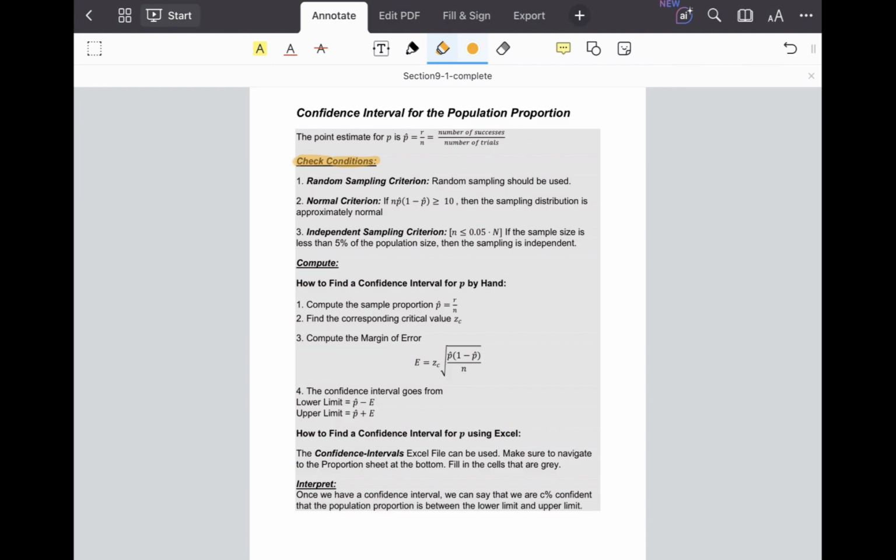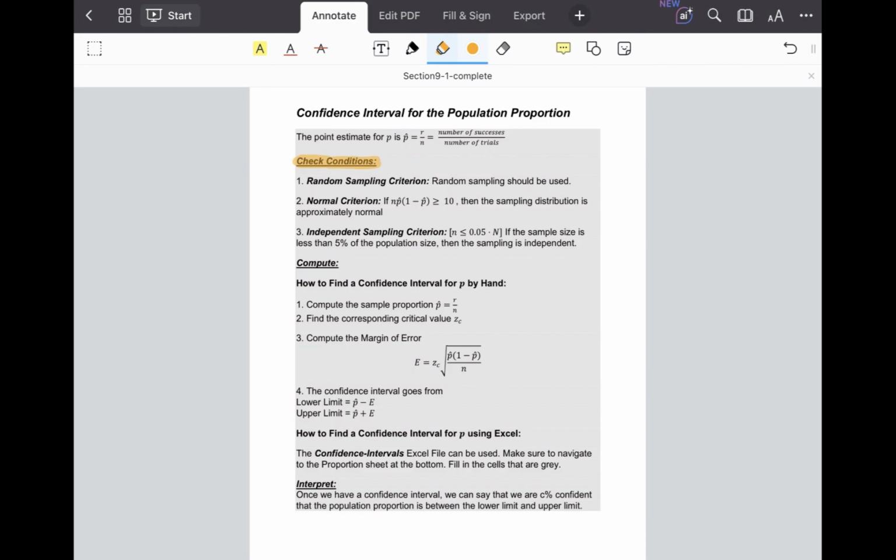The first step is to check the conditions, which I have listed here. This is something that you should get in the habit of doing. Sometimes our conditions aren't going to be met, and we'll say just ignore that, or note that they weren't met and that the results that you get may not be accurate.